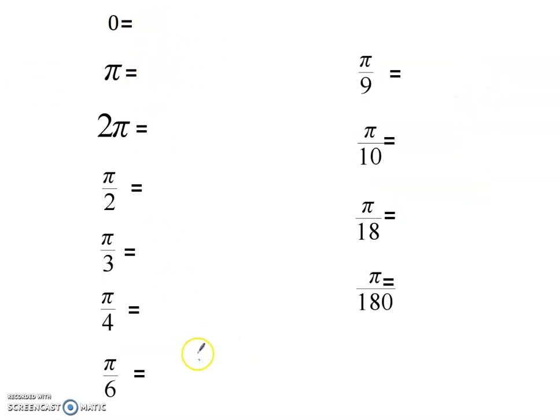So let's just look at some radian measures. We know 2 pi was all the way around. So 2 pi was a full circle, which is equal to 360 degrees. Well, pi is halfway, or half of 2 pi, so half of 360, 180. 0 is just 0.